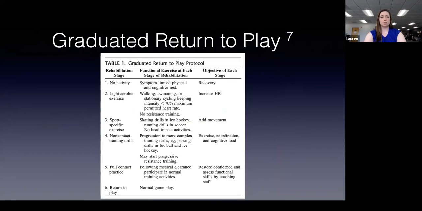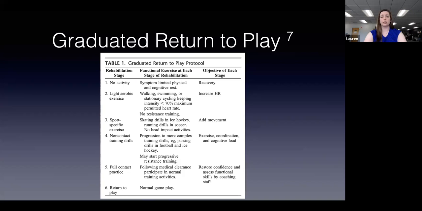And then this was from the International Consensus Statement for Concussions, some guidelines for graduated return to play. For those first few days, it's recommended 2 to 3 days of no activity, no physical exertion, to really start that recovery process for the brain.